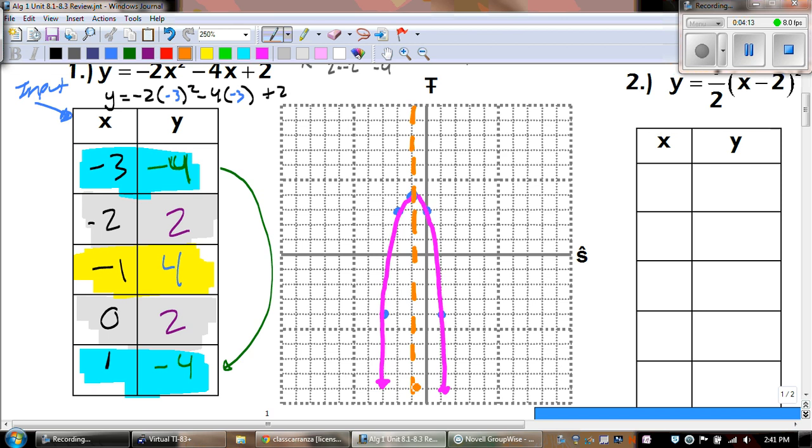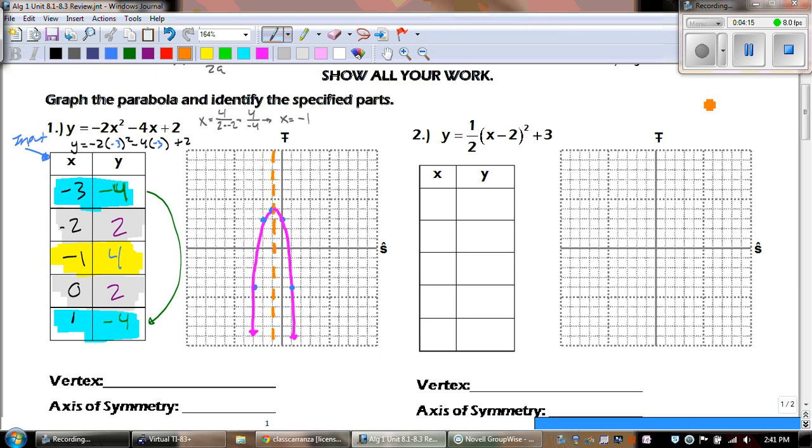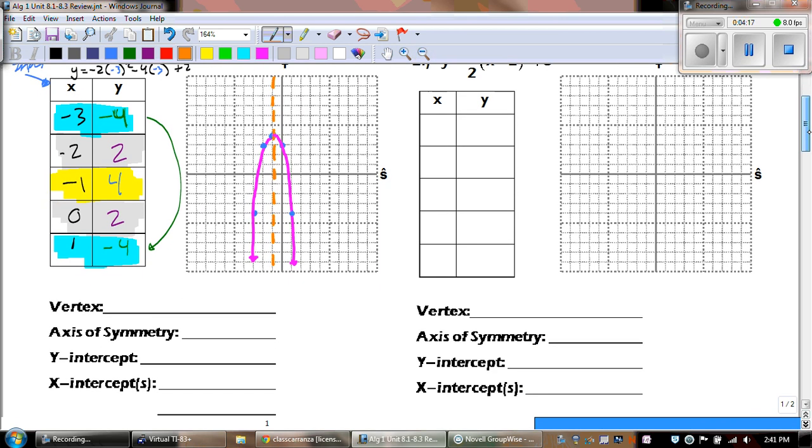Okay, so now that we have all of that, let's answer. Our vertex was that middle point, so -1, 4. The axis of symmetry is the line that cuts the graph in half, and we take that from our vertex.